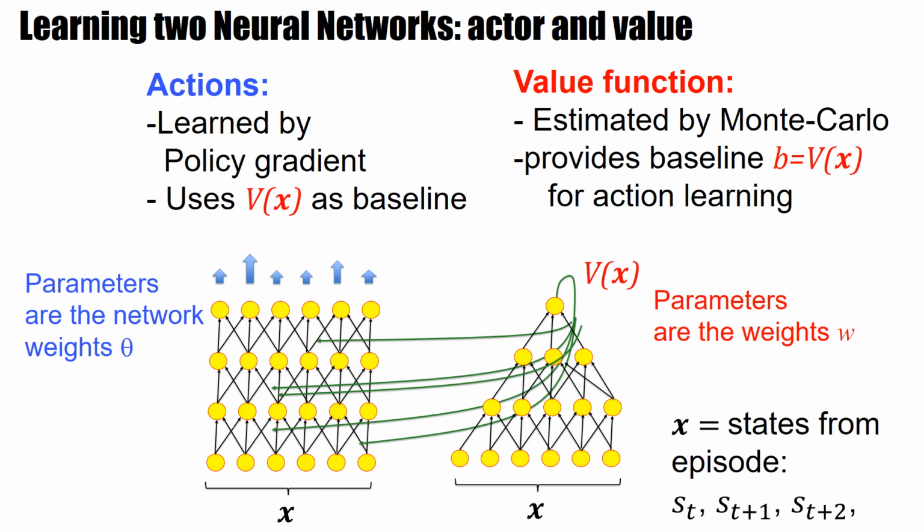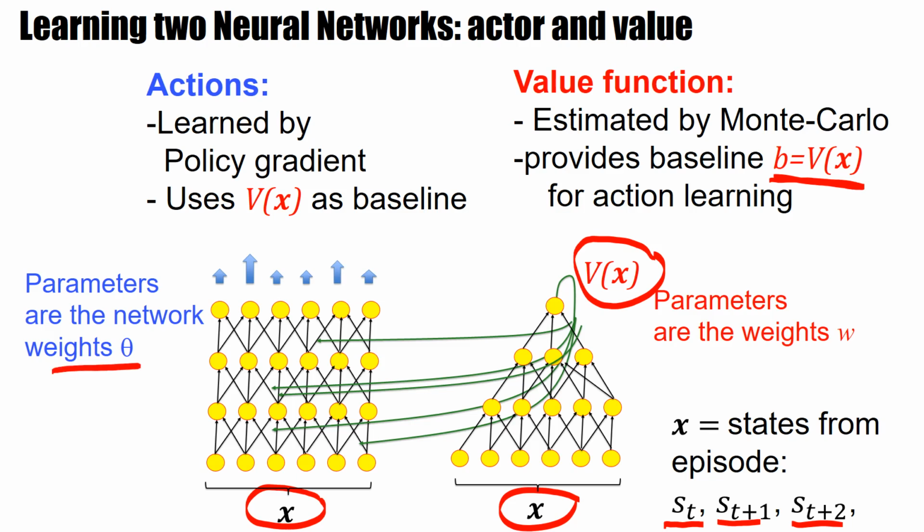So more formally, we can say I have a network on the right-hand side which provides the baseline, and this network is estimating the value function v of x, and the inputs are the states. We start in state s_t, then we go to s_t+1, s_t+2. Each of these is one of the inputs, and it's given to both networks, the value network and the second network, and the second network has outputs that are the policy, the probability that you take a certain action.